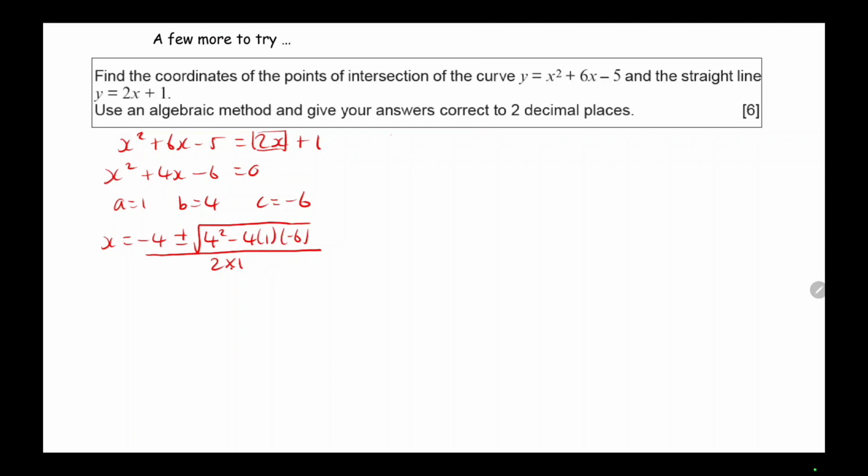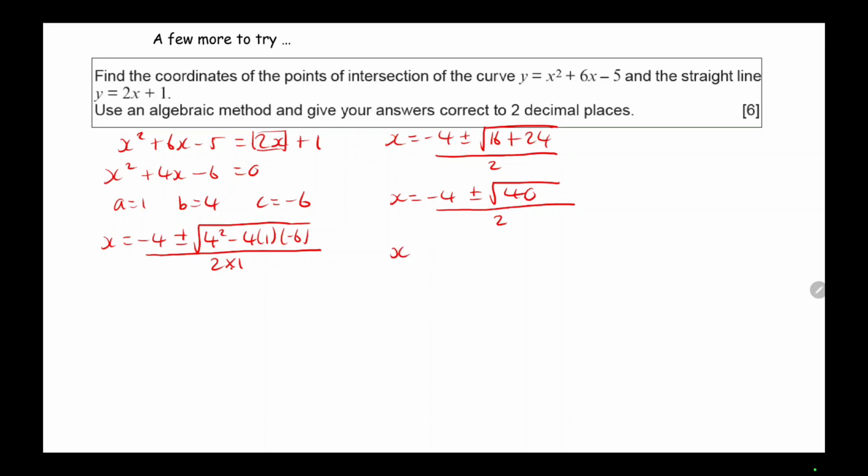That gives us x equals minus 4 plus or minus the square root of 16 plus 24. 4 times minus 6 gives us minus 24, and the minus gives us the plus, all over 2. That gives us minus 4 plus or minus the square root of 40, all over 2.